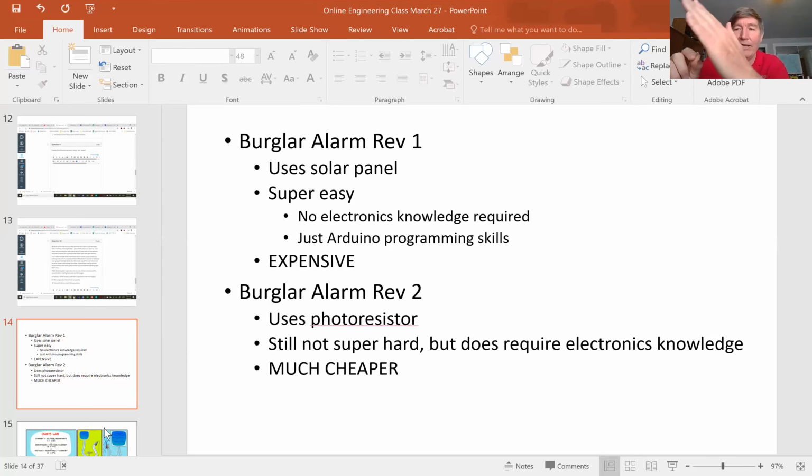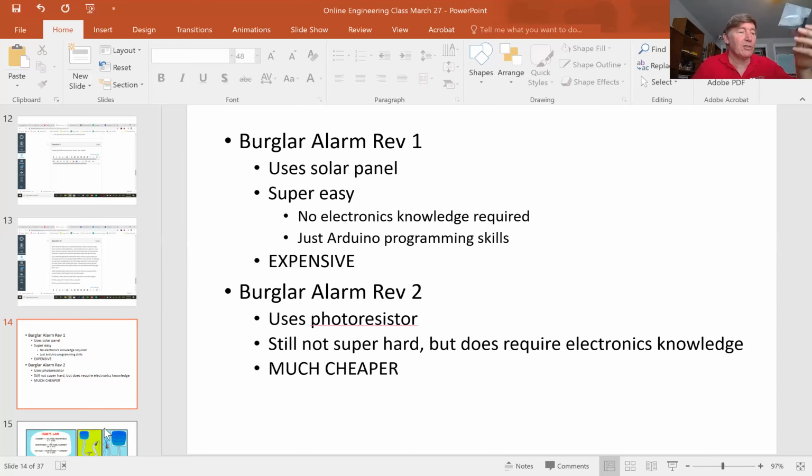And if I put my hand in front of it so that it's not seeing light anymore, the resistance value changes. We could use this to make a burglar alarm, and it would turn out that our burglar alarm would be a heck of a lot less expensive, because you could buy these photoresistors in bulk for a penny a piece, where these solar cells, photocells, solar panels cost a heck of a lot more than that.